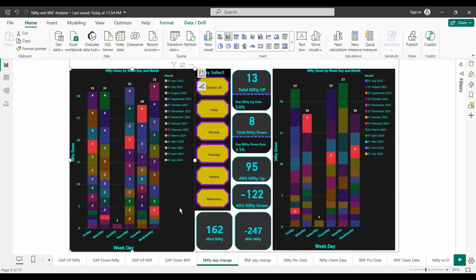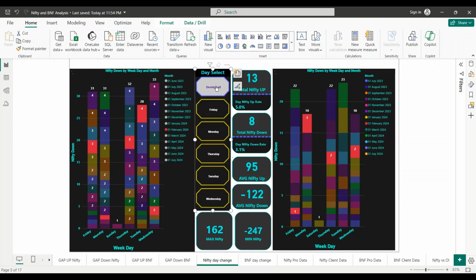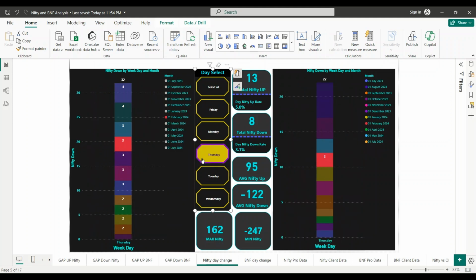Let's see how it performed on the expiry in February. Let me deselect first, and then select Thursday. Okay, here we go. So on Thursday in February, we had 5 Thursdays because this time we had 5 expiries.